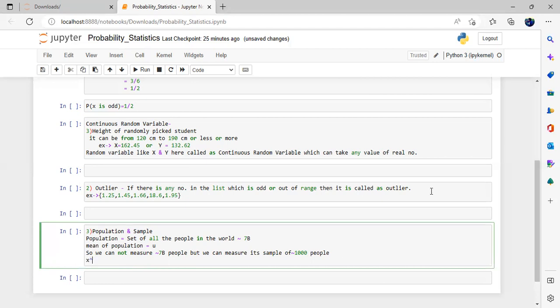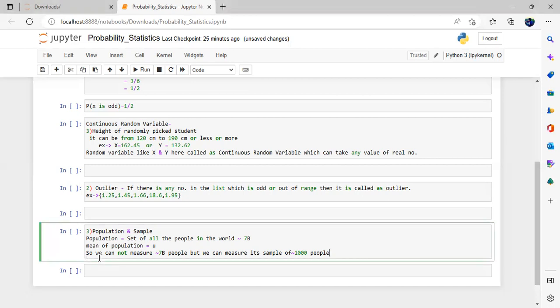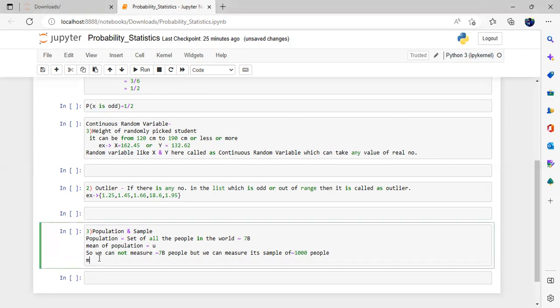You have to write it as X with a dash, so it will become X bar. Here I don't know how to write it, so that's why I'm giving the cap. So your X bar means the mean of sample equals X cap.